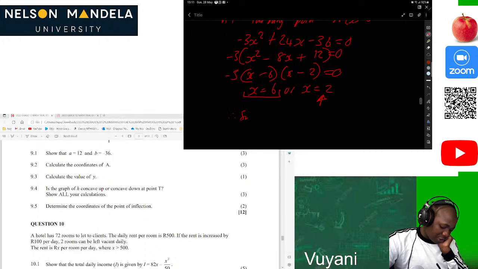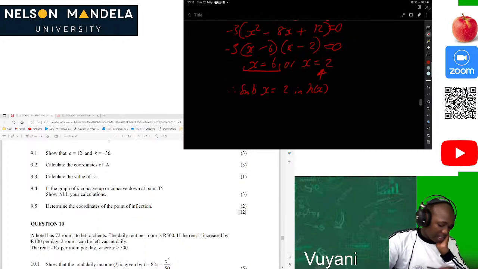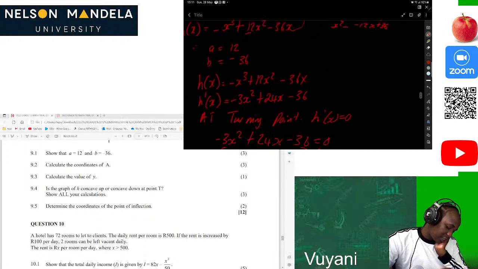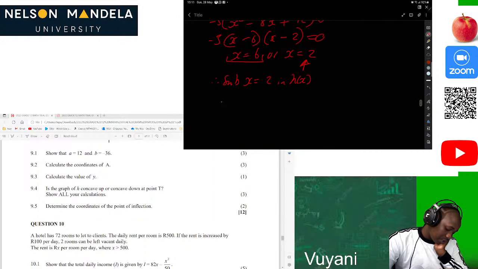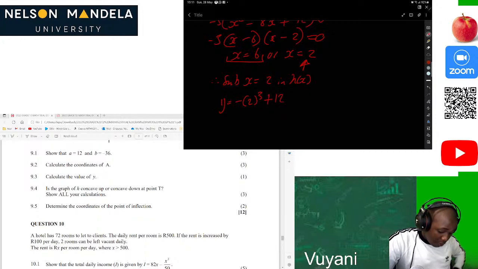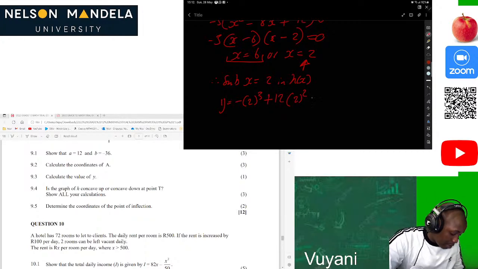So now substitute x equal to 2 in h of x so that we can get the y value. Here is h of x, so we substitute 2 here. That will be y equal to negative of 2 cubed plus 12 times 2 squared minus 36 times 2.